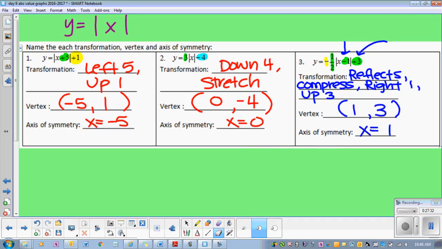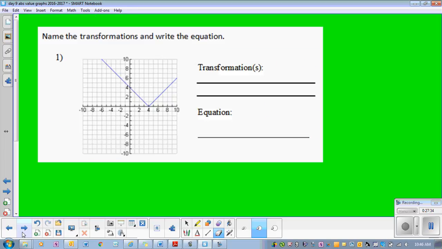Alright, so let's go on to the next one. Okay, now we're going to name the transformations and write the equation. I'm so glad you asked that question because this is basically what I just did, right? Your parent function, remember on the first page, where was the vertex for your parent function? Your most basic. 0, 0, right?